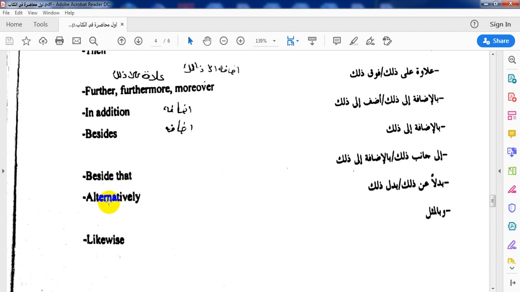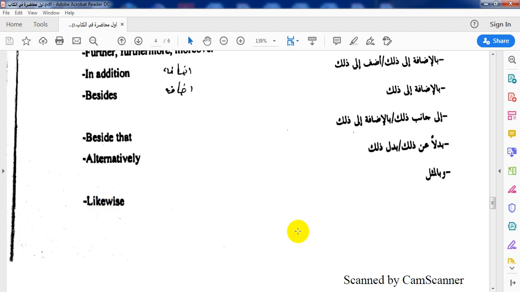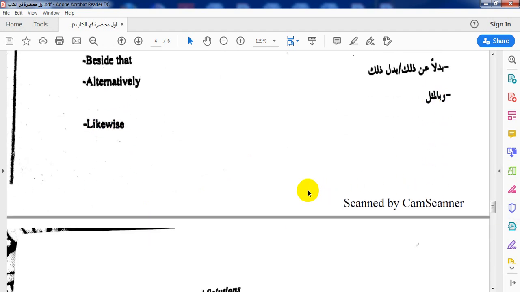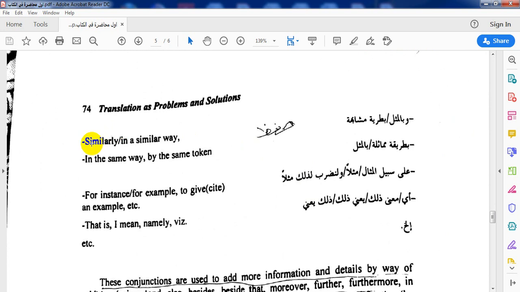Alternatively, likewise. Similarly, in a similar way, in the same way, by the same token. For instance, for example, that is, I mean, namely, versus, etc.